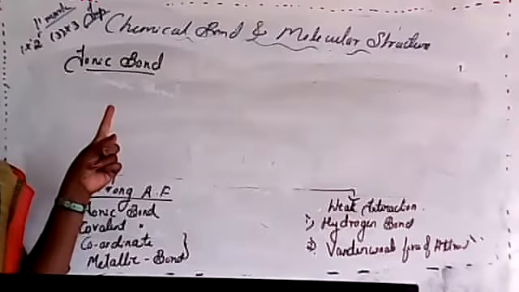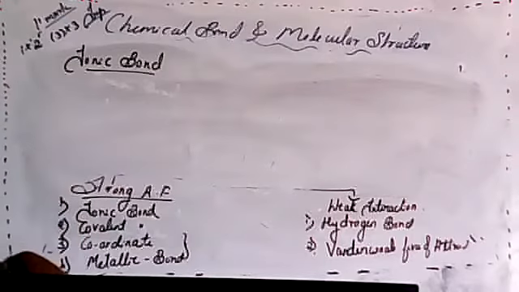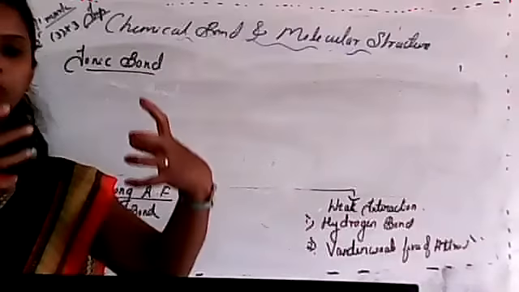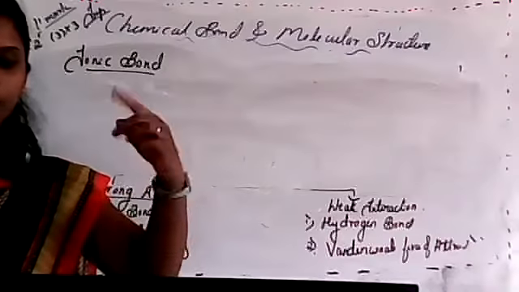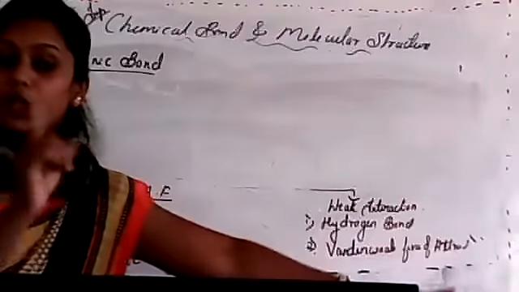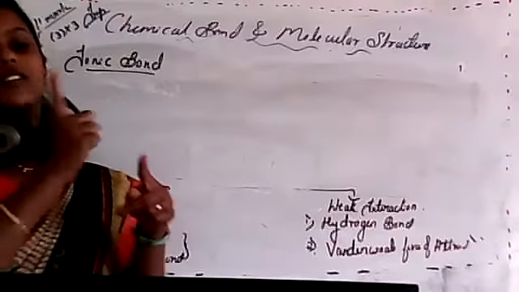It is a force of attraction between two or more atoms formed due to complete transfer of one or more electrons. I have to write the statement. Don't write a single electron, okay?